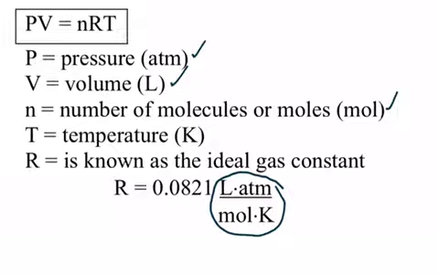You can't use grams. You would have to divide by the molar mass of the substance and change it to moles. And the theme with temperature is that for all gas laws, the temperature must be in Kelvin. So usually they'll give you something in Celsius, and you have to add 273 and change it to Kelvin. So it is very important that these units are consistent so that they cancel out.